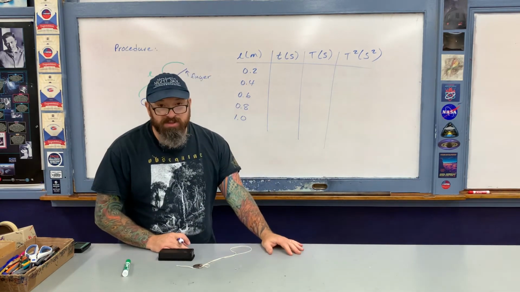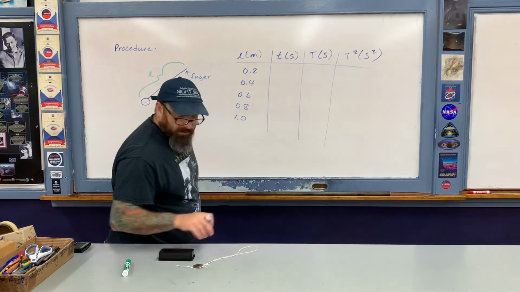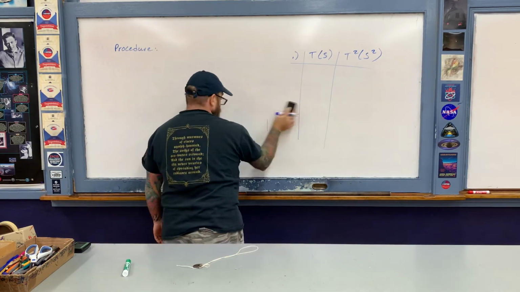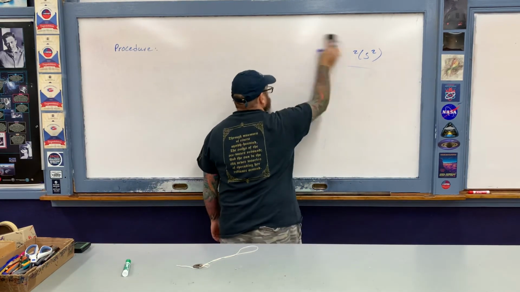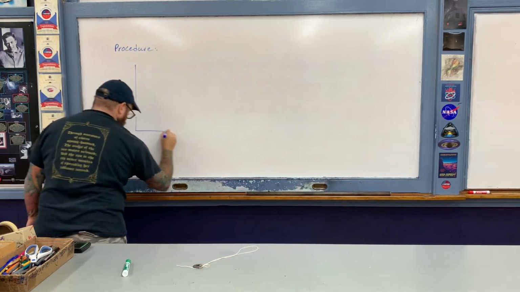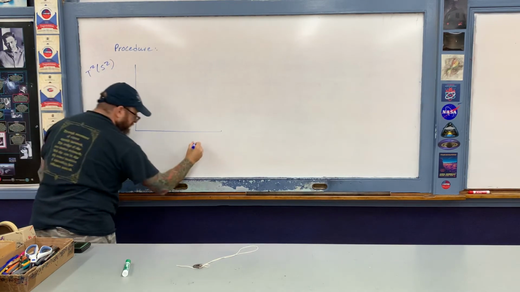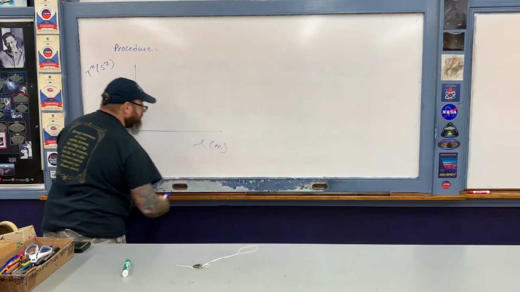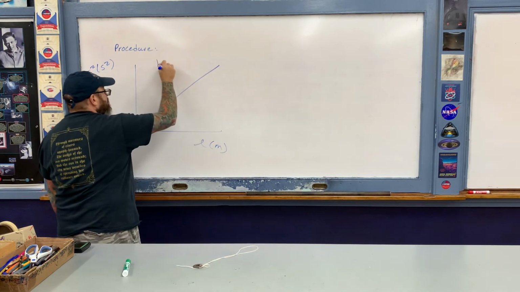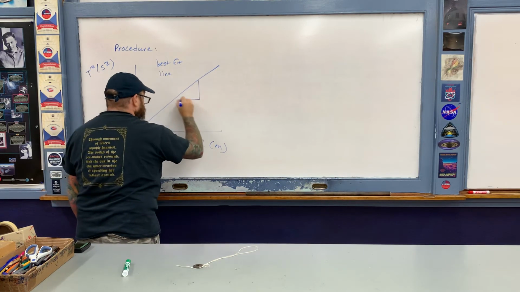Once you have this data table, you construct the following graph. You graph the period squared as a function of the length L in meters. Ultimately, you'll draw a best fit line through your points, and then you calculate the slope.